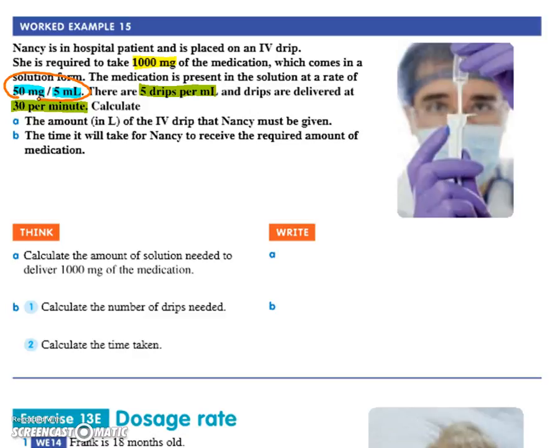I'm saying 20. So what you've done is you've gone, okay, 1,000 milligrams divided by the 50 milligrams, which equals 20. You agree? So we now know that she needs 20 doses. So then you take your 20 doses and you times it by the 5 mils, which is each dose. Yeah?